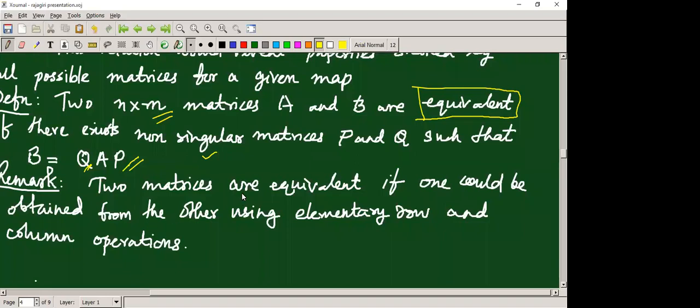Two matrices were defined to be equivalent if one could be obtained from the other using elementary row and column operations, not just elementary row transformations only, but elementary row transformations and column transformations together. And actually these two definitions are the same.